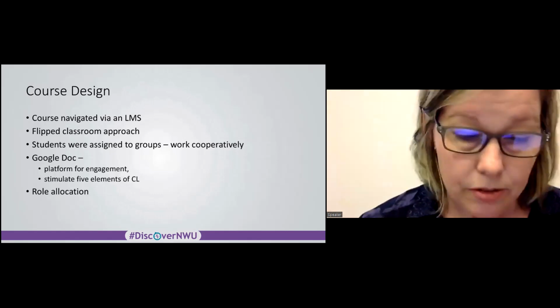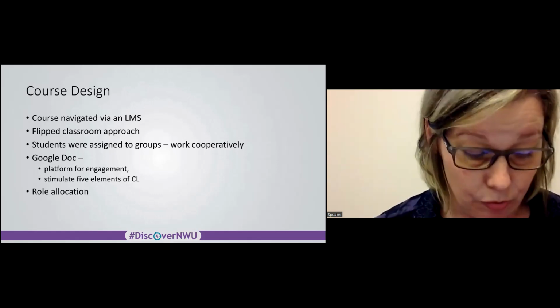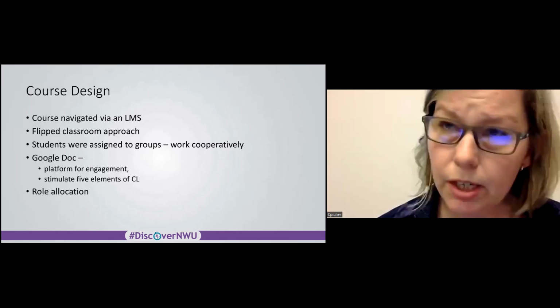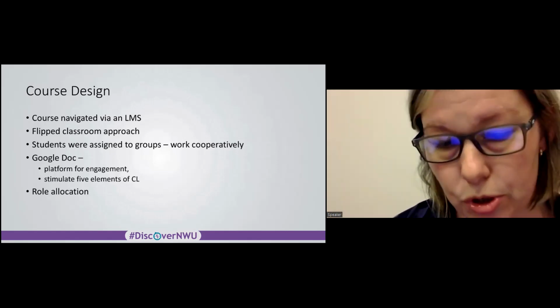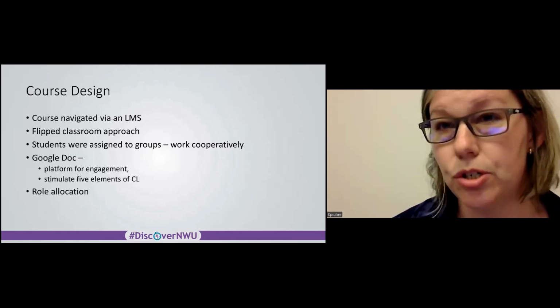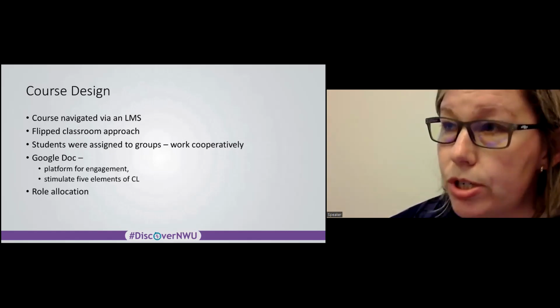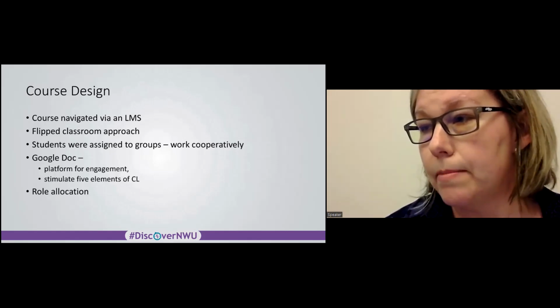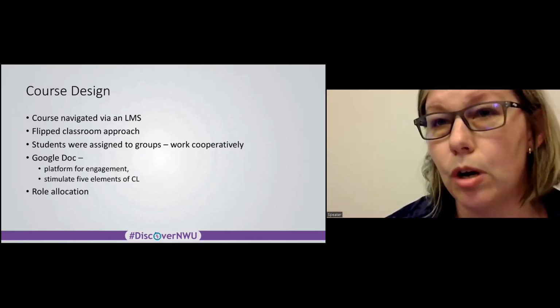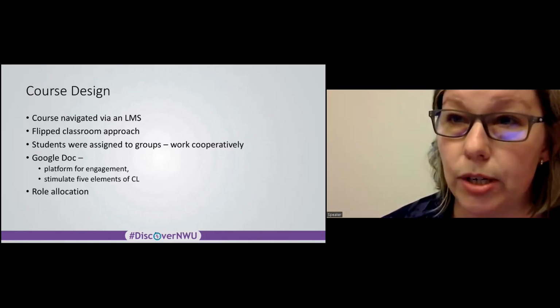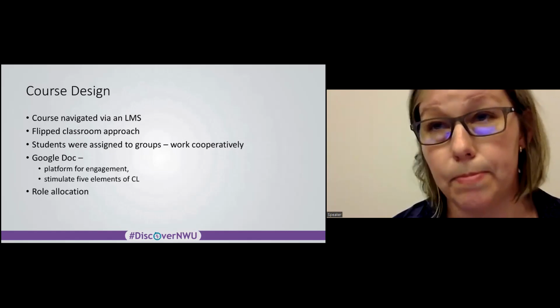The members were also given specific roles in the groups, and those roles needed to be fulfilled so that there was an even work distribution. I mentioned there are challenges with group work, and one of the main challenges is that participants don't always know what their role is. By providing a role allocation, each member knows exactly what is expected of them.